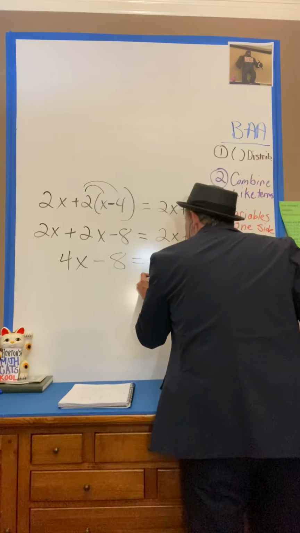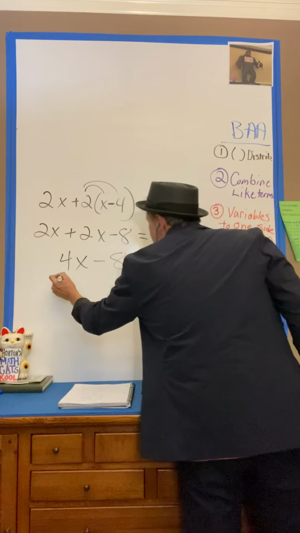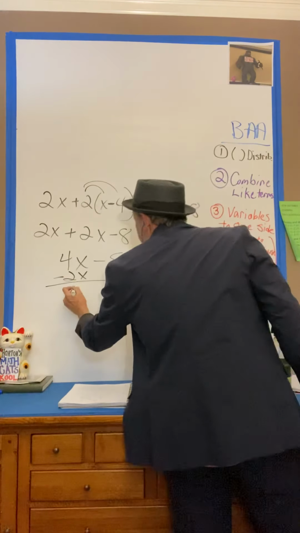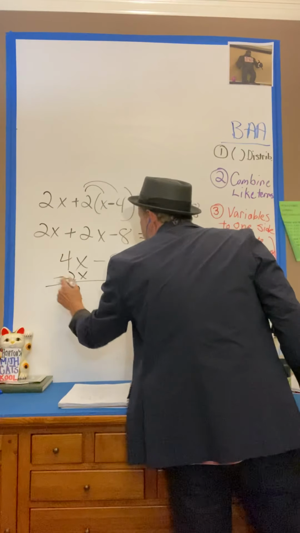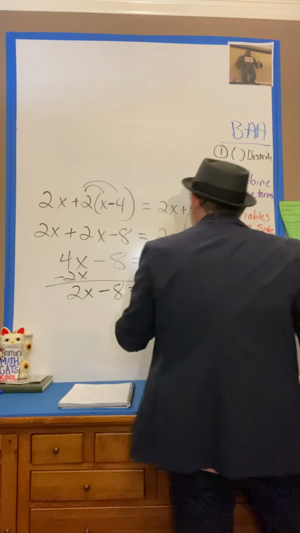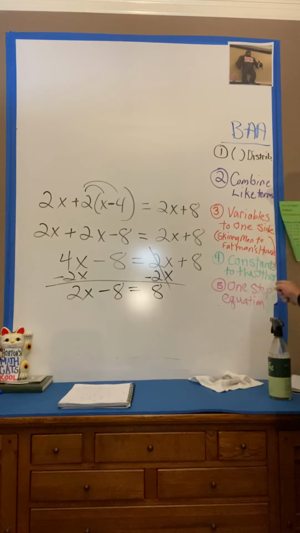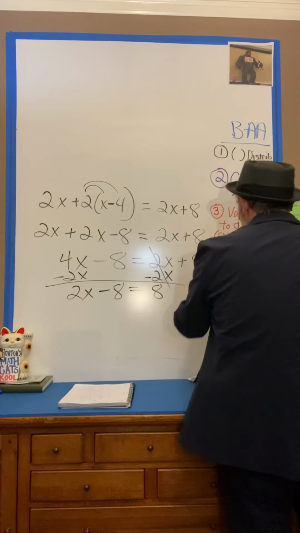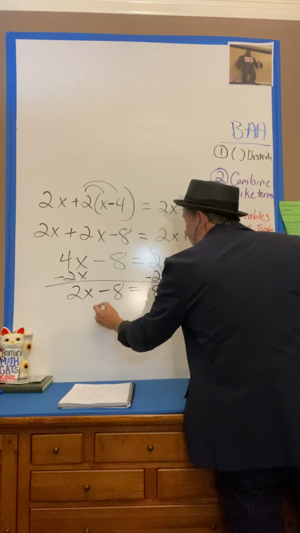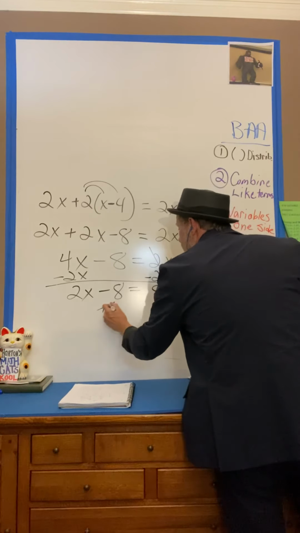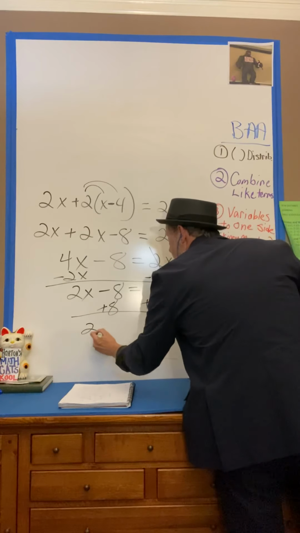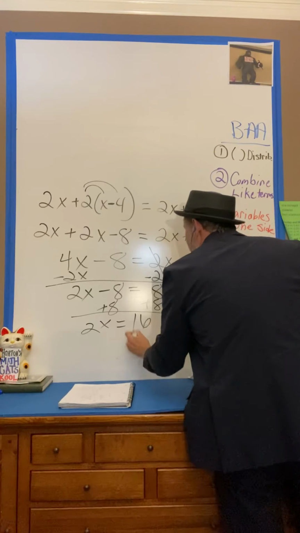How do I do that? I write a negative 2x under there. That cancels out. I get positive 4x, negative 2x is positive 2x, minus 8 equals 8. Now I've got to move, step 4, the constant on the variable side over to the other side. So plus 8, and I get 2x equals 16.